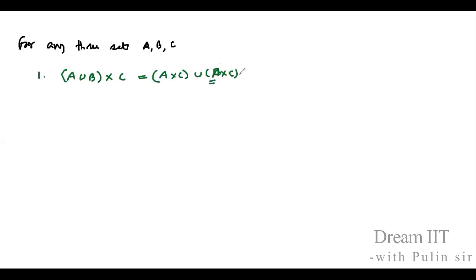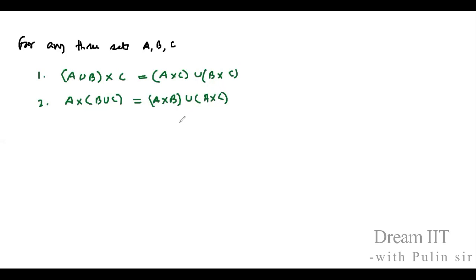Just a minute, let me correct this. This is B cross C. Number two, right? If you have A cross (B union C), it is (A cross B) union (A cross C). That means this is distributive, right?